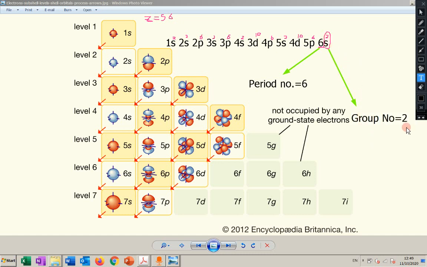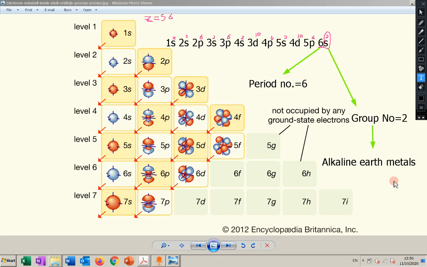With group number 2, we know the name of the group. Group number 2 has a name, which is alkaline earth metals. Those are three pieces of information.